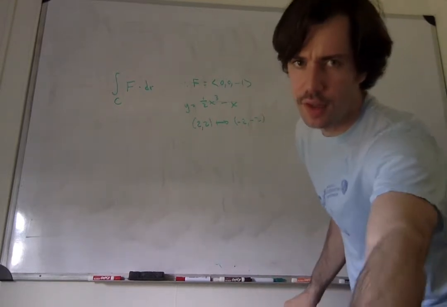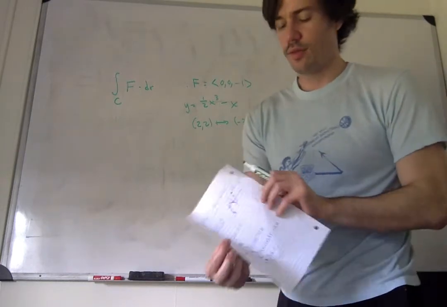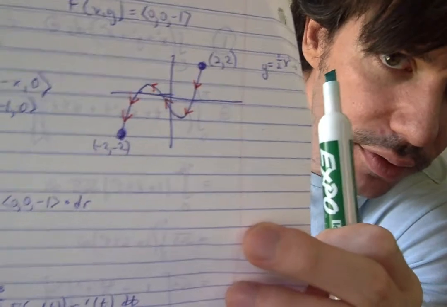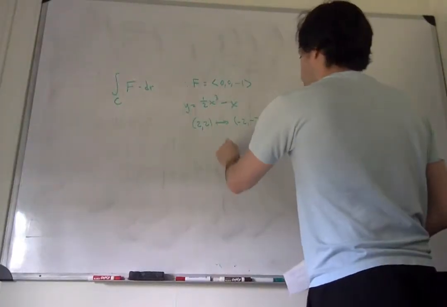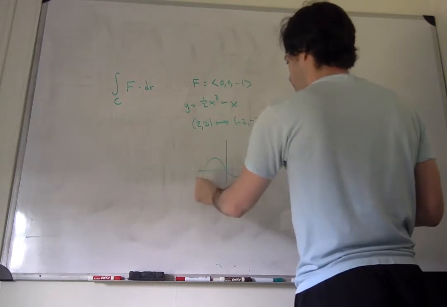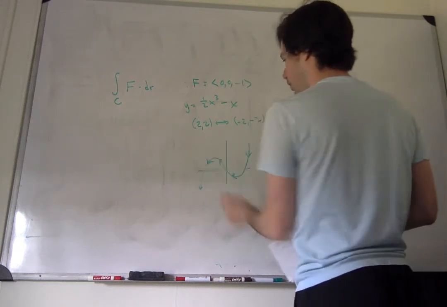Okay, so this is nothing too deep, okay? It's just this function right here, right? That little curve, right? So you literally go down and you travel like this, right?